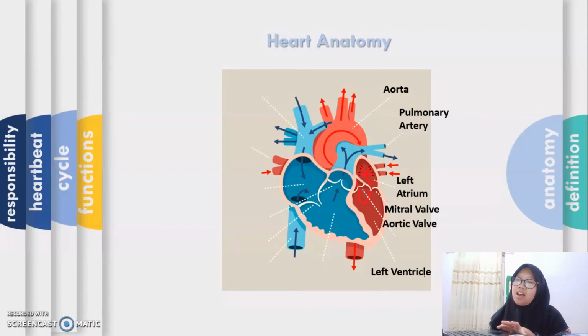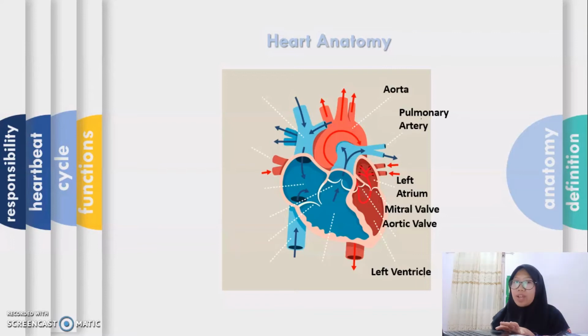Next is the left ventricle. The left ventricle is one of 4 chambers of the heart. It is located in the bottom left portion of the heart below the left atrium, separated by the mitral valve, and it is the thickest of the heart chambers and is responsible for pumping oxygenated blood to tissues all over the body.